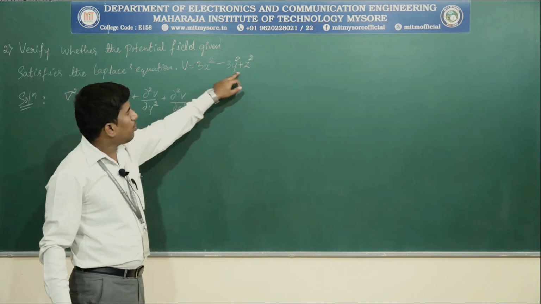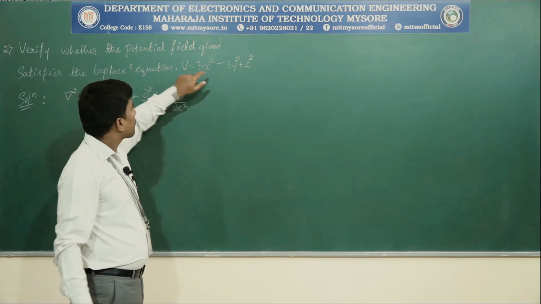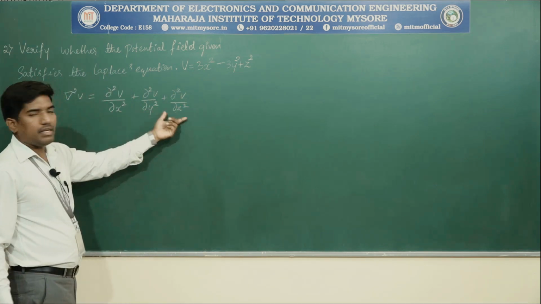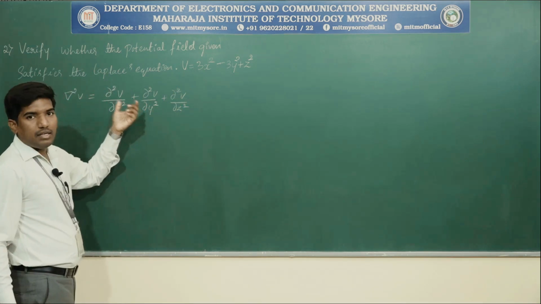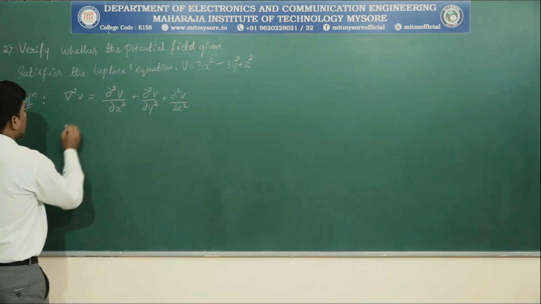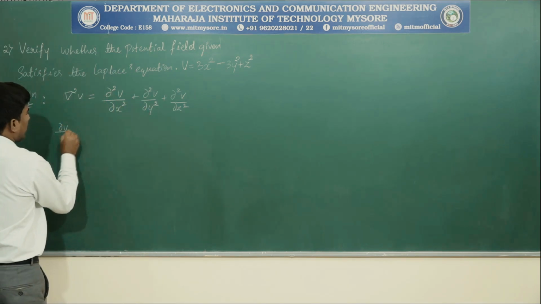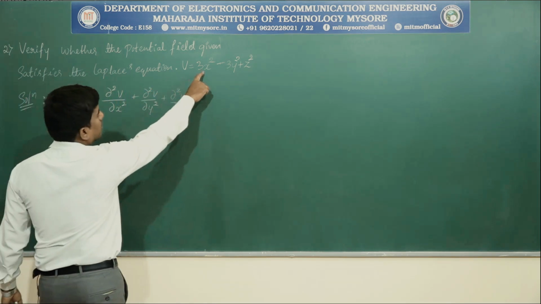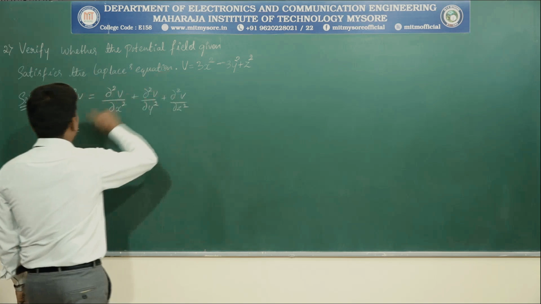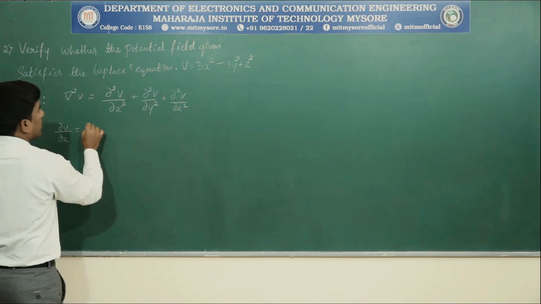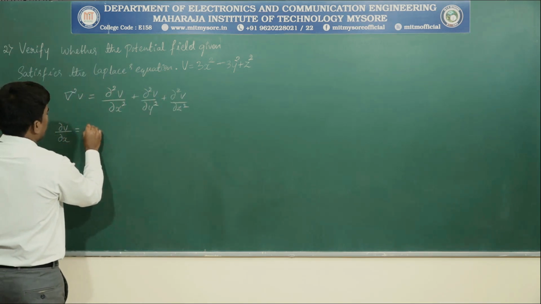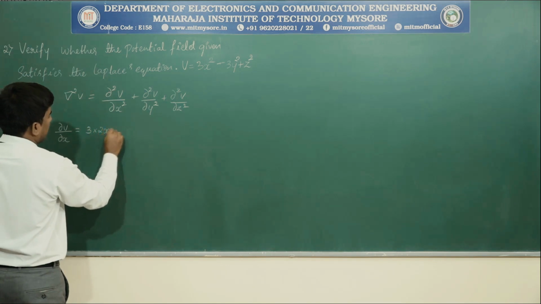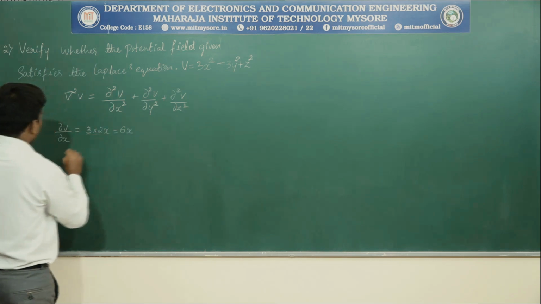Since all the three components are present in the given potential V, we need to evaluate all the three components of the coordinate system. So let us go one by one. Dou V by dou x is equal to, so differentiate this V with respect to x. What we are going to get? So 3 into x square, that means into 2x, that is 6x.